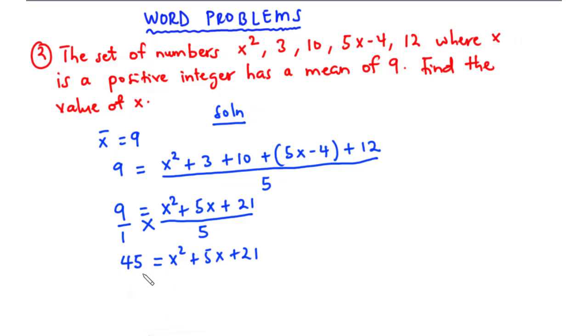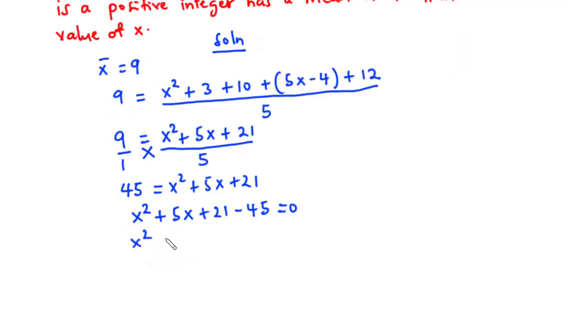Now let's transpose 45 to the right hand side. So we have x squared plus 5x plus 21 minus 45 equals 0. Now 21 minus 45 is negative 24. Now since we have a quadratic equation, we need to factorize this equation. Now the coefficient of the x squared term is 1 and the constant term is negative 24.